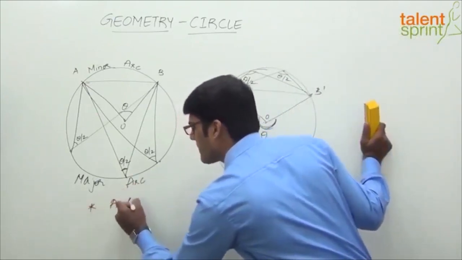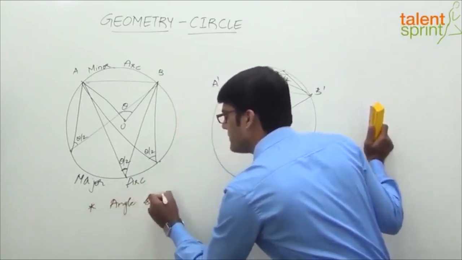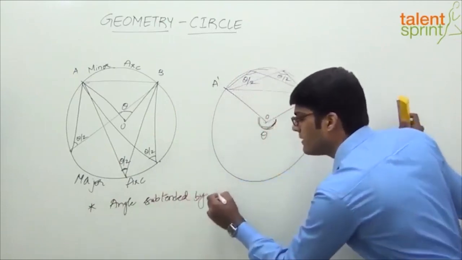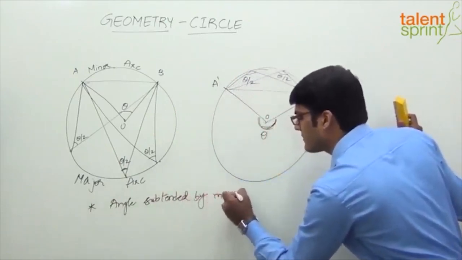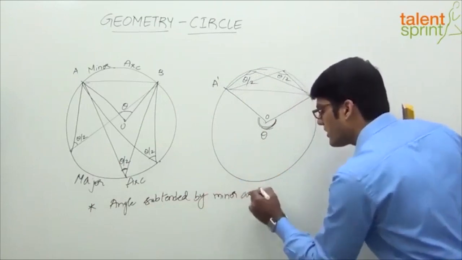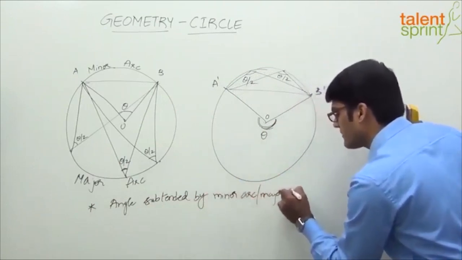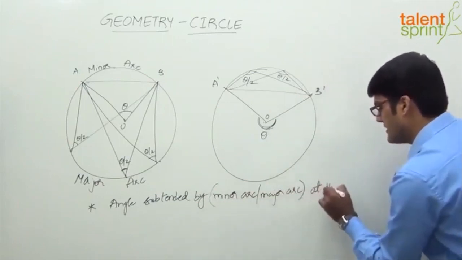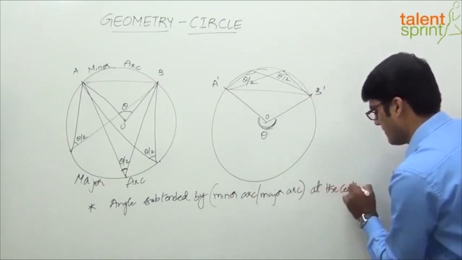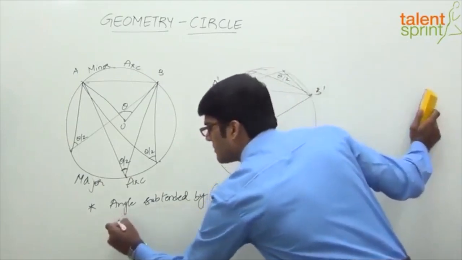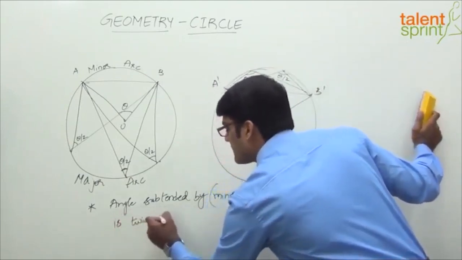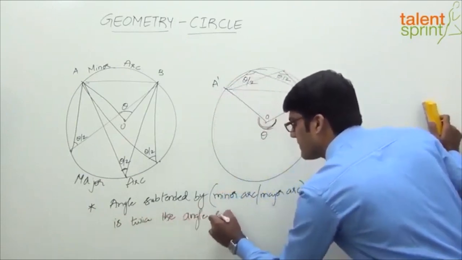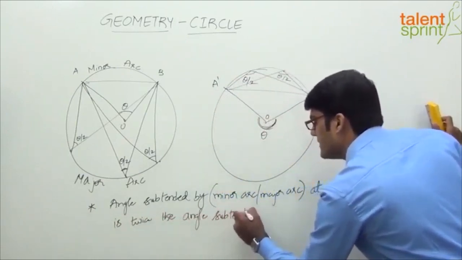Angle subtended by minor arc or major arc at the center is twice the angle subtended.